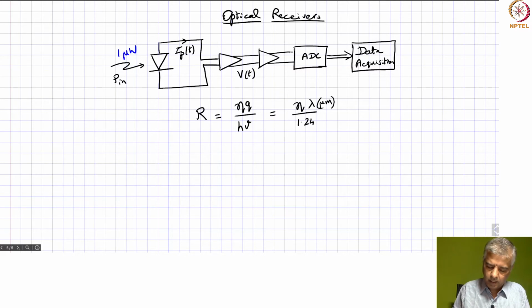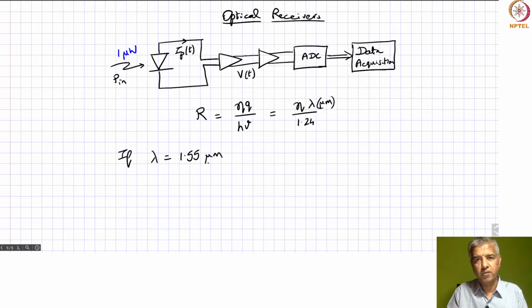Let's say lambda is 1.55 microns, which happens to be a very popular telecommunication wavelength. For ease of availability of components, let's choose lambda equal to 1.55 micron. Which material would you use to pick up radiation at 1.55 micron?